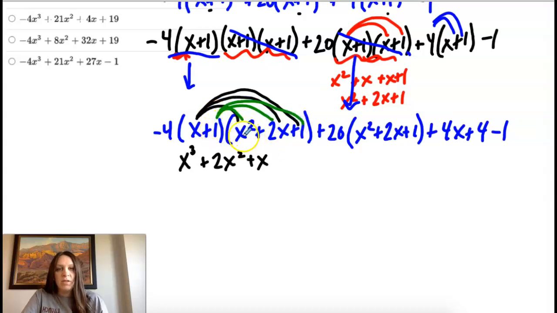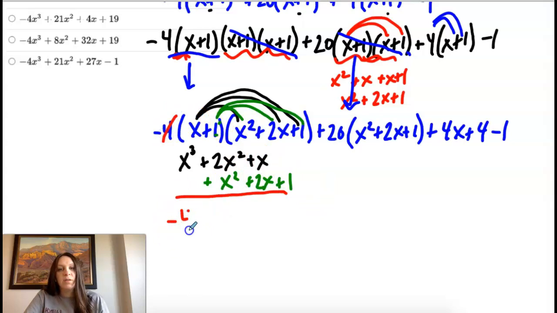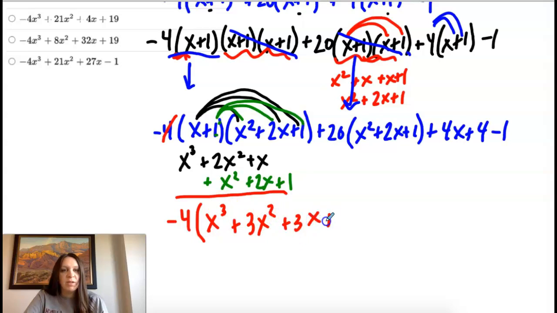I'm going to write these stacked so I can combine my like terms. So x squared, 1 times 2x is 2x, 1 times 1 is 1. And when we combine those, we still have the negative 4, but then this whole term becomes x cubed plus 3x squared plus 3x plus 1.